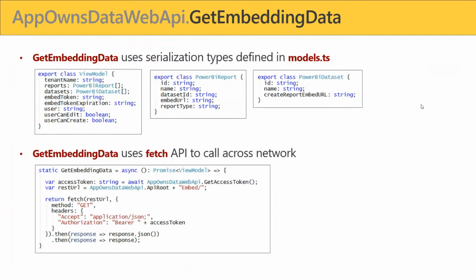Notice that my get embedding data is an asynchronous method, so it returns a promise, but what's the return type? View model. So this is a really easy way to make a web service API call in TypeScript, and when the response comes back as JSON, quickly wrap it into a strongly typed result.